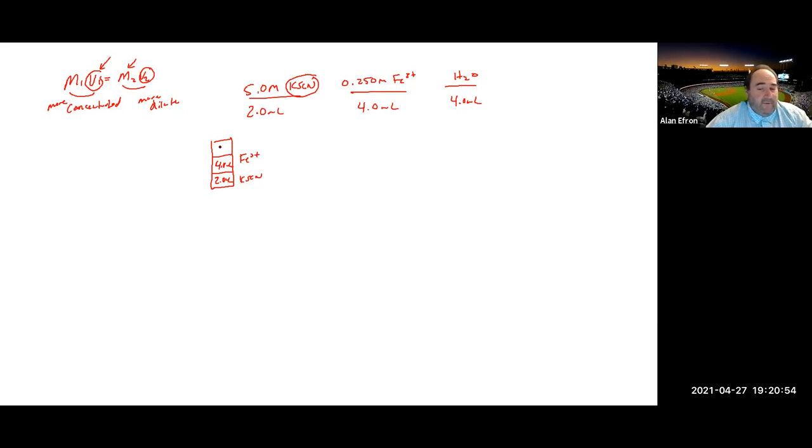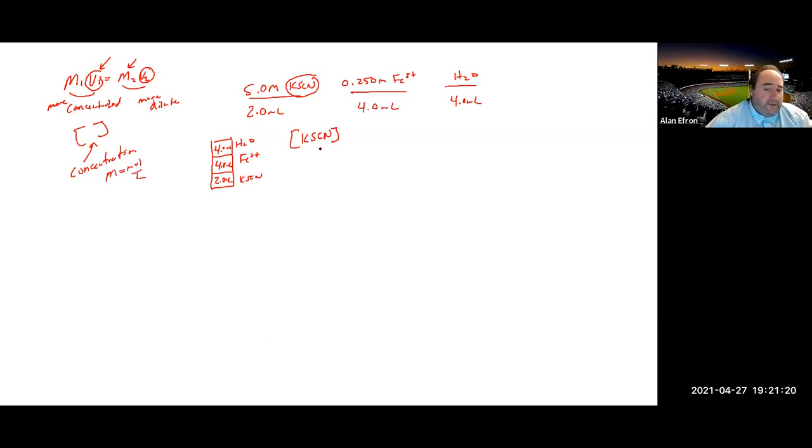Then I dump my 4 milliliters of water in there, and the concentration has changed again. Brackets around something in terms of solutions usually mean concentration, and usually molarity.